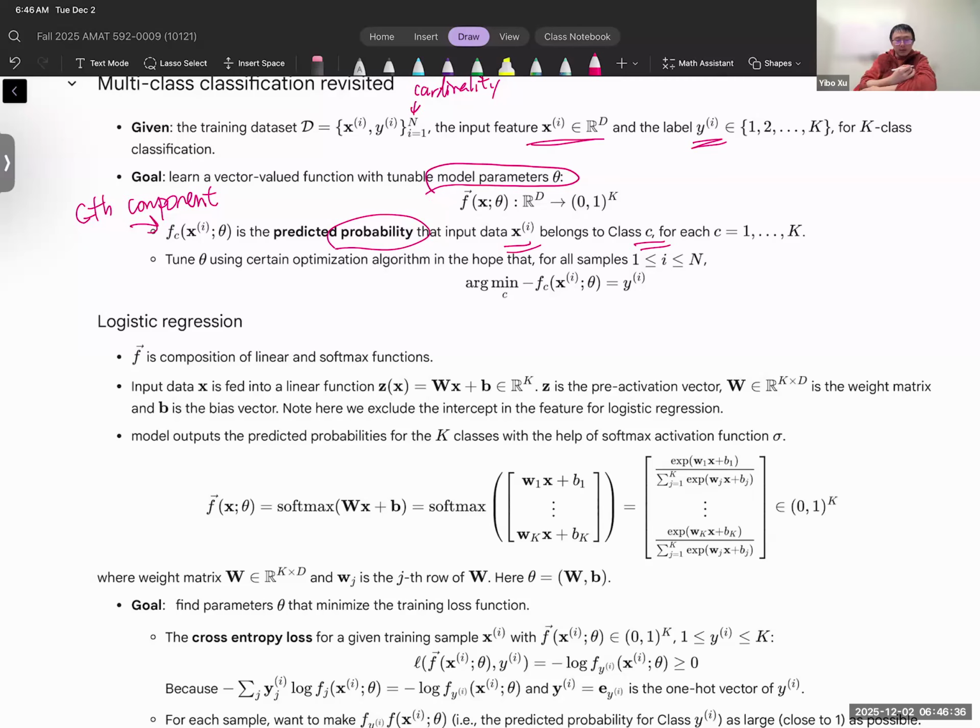If it's close to one, then it's likely to be in class c. So when you do the classification, this is essentially saying I'm looking for the argmax among all classes of f_c, the prediction of the model on the i-th data, right?